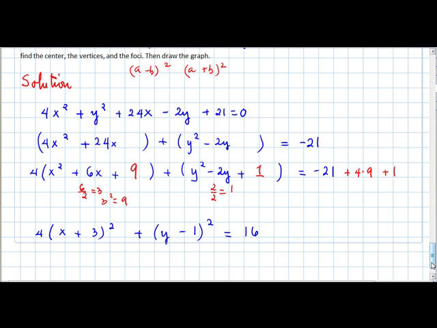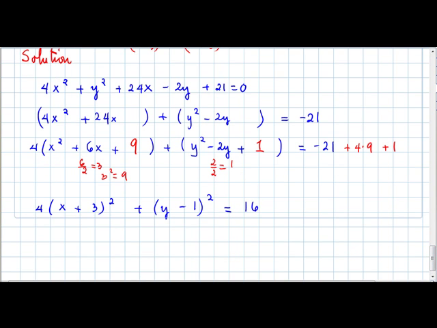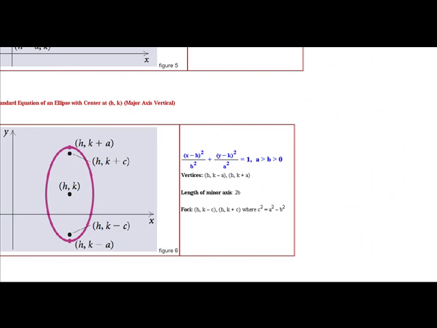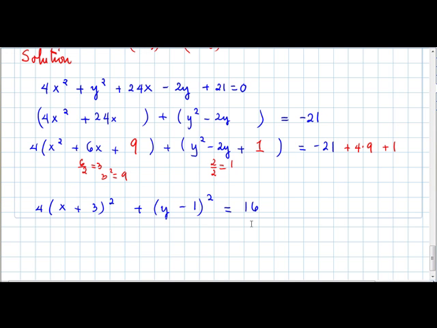Now, by the standard equation of the ellipse, I must have 1 over here. So to make our problem equal to 1, I'm going to divide everything by 16, and then we're going to simplify.